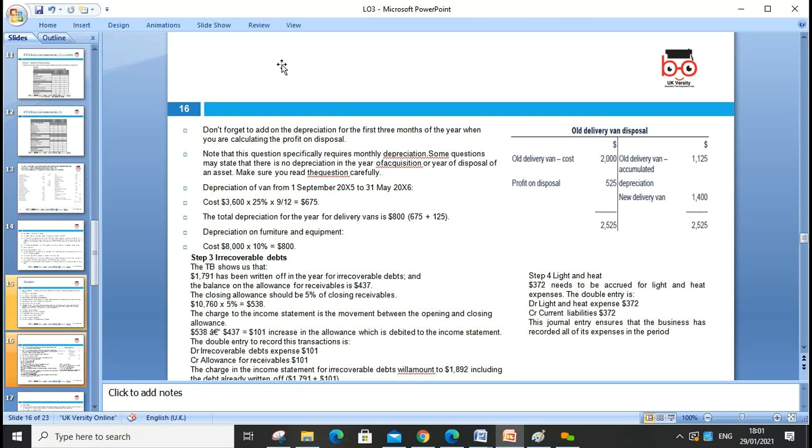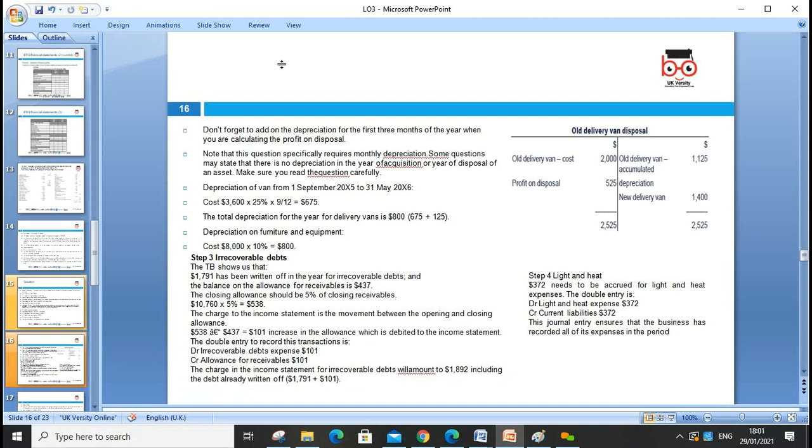Yes. The carrying value was 875, and the new van we purchased for how much? 1,400. So we have a loss on the disposal of the van, £522. Old van, yes, because the carrying value was more, but we sold it for less.